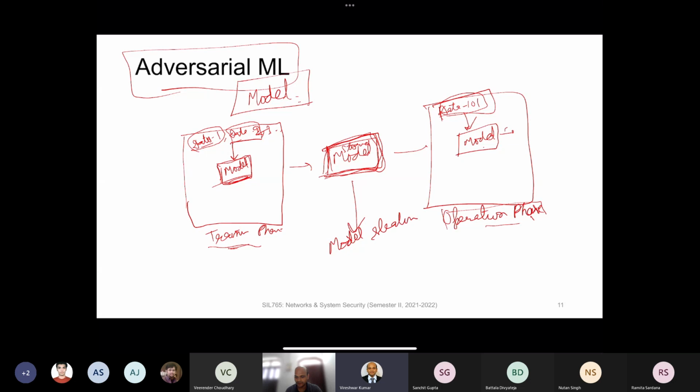So let's say it is a machine learning model which is utilizing these 10 features. Okay, so feature 1 to feature 10, and then it is probably utilizing nearest neighbor. I told you that nearest neighbor is one of the machine learning algorithms.